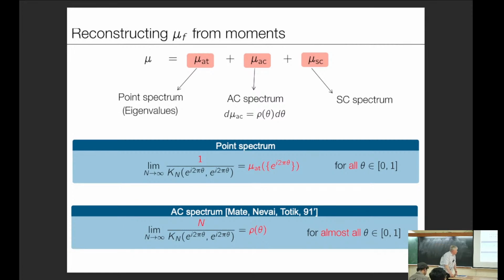That theorem of Máté-Nevai-Totik tells us that if we do this weighted limit, now we don't take 1 over the Christoffel kernel, but 1 over the reproducing kernel, times n, this will detect almost everywhere the absolutely continuous part of the measure. And something is left.